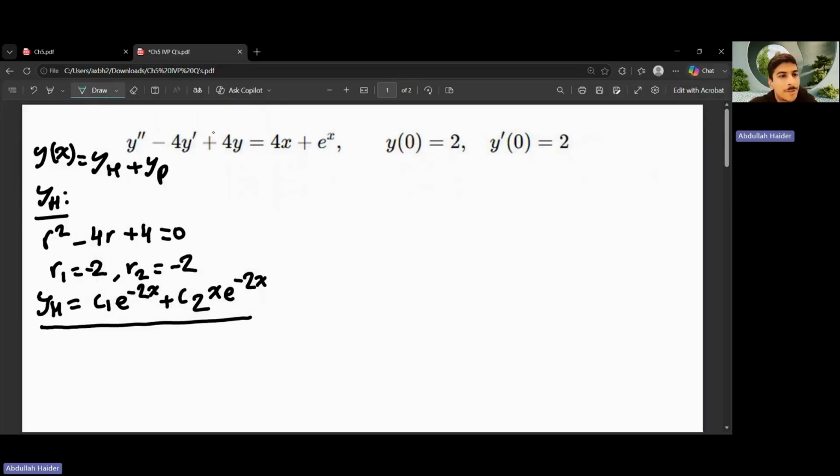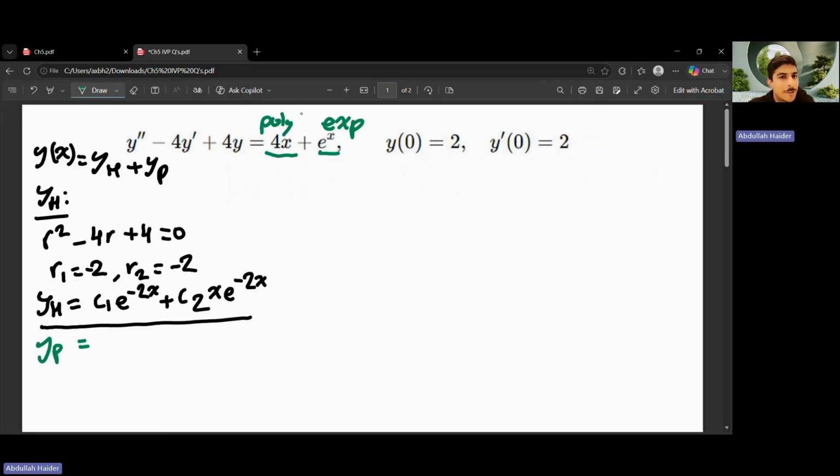Now, this is the first time you will be noticing that you have a polynomial and an exponential on the right side, both at the same time. So you don't have to worry about this. You go to y_p is equal to. Now, what did we say the y_p for the polynomial will be?